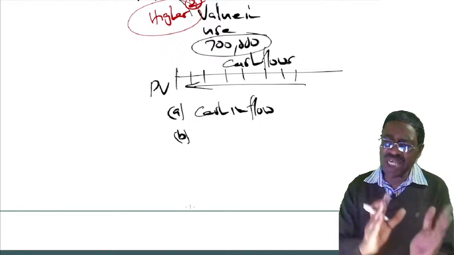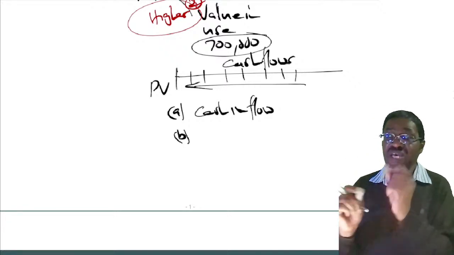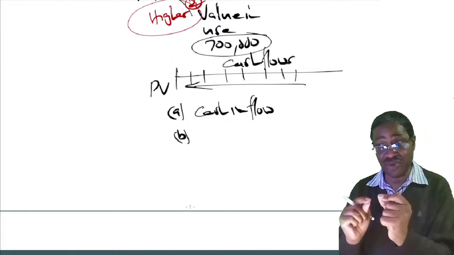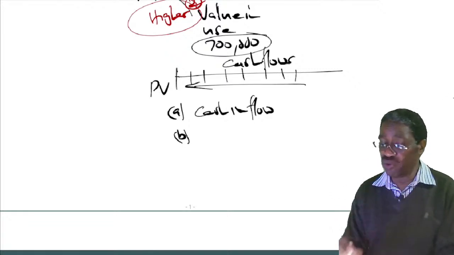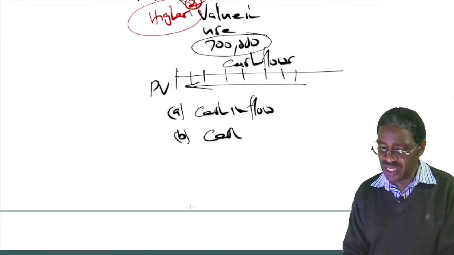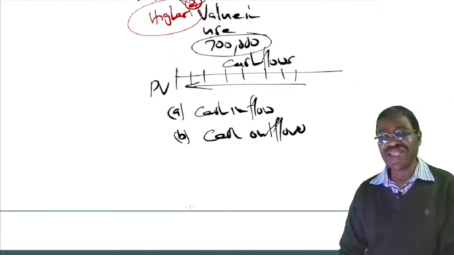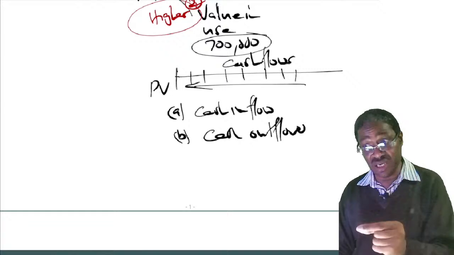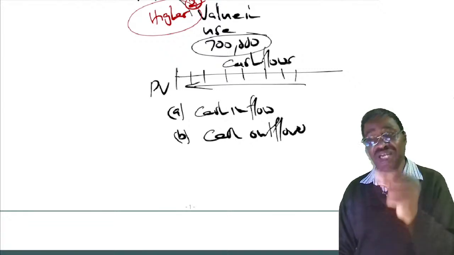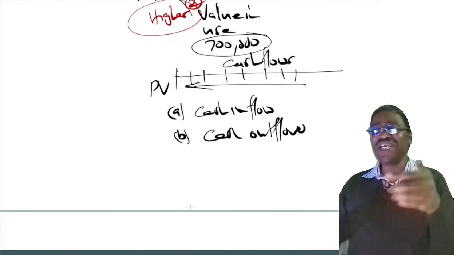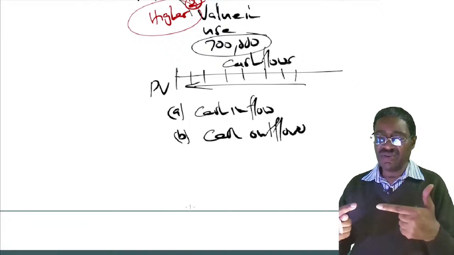So some cash flow in the future will be an outflow, not an inflow. So another component of the cash flows that should be discounted is any cash outflow that is necessarily incurred in order to generate future cash flows.